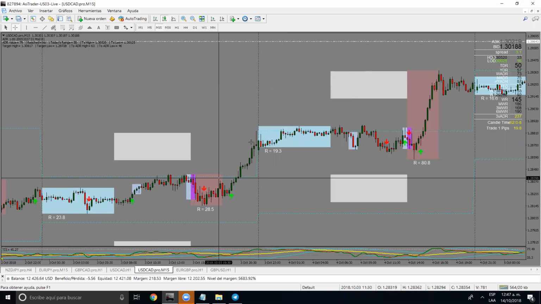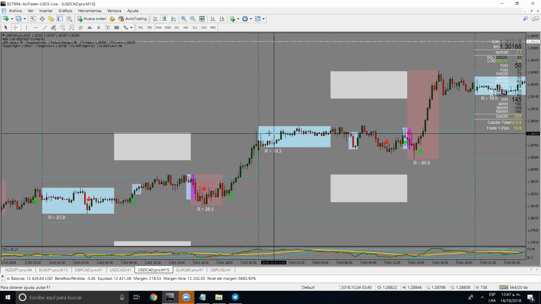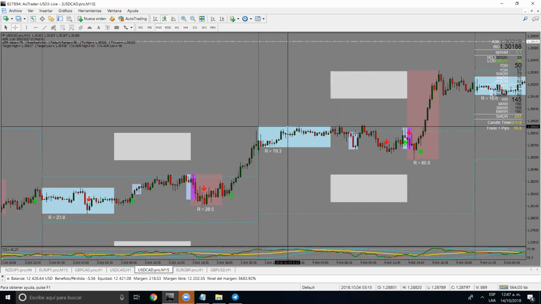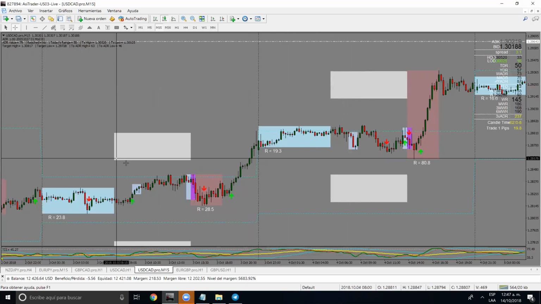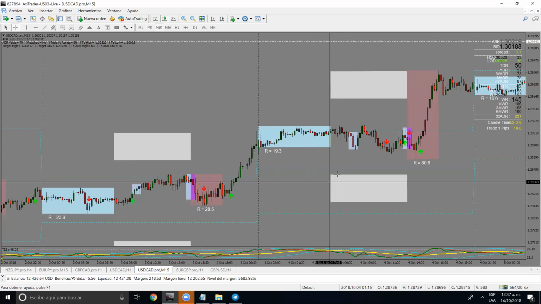And the highest point from that day was this candle, before the market close. You can see, this line is the high of the day, but not this day, from the last day or the previous day. Okay, that is the blue line.